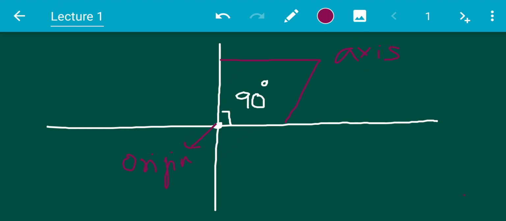Each line is called an axis. When we speak in plural sense, these are axes. Usually we denote this line as x-axis and this particular line as y-axis.